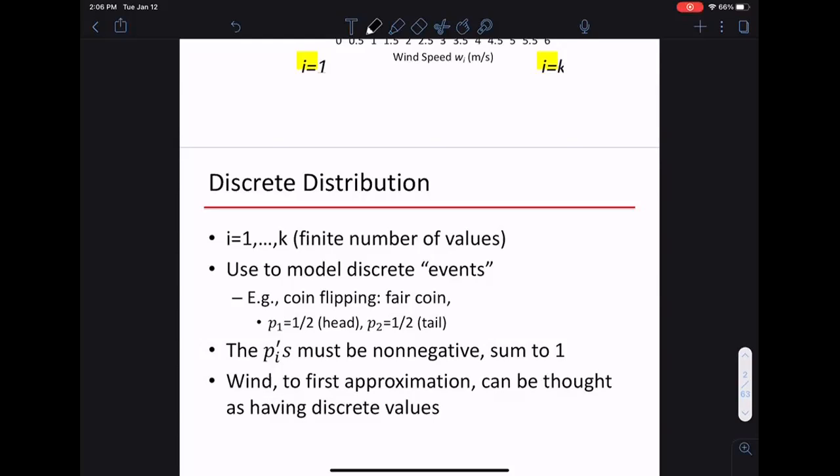Whereas for wind, we assign a number to the outcome, and the number makes sense. For wind speed, it could be 1 meter per second, 2 meters per second, 10 meters per second. These are numbers, and we'll add and subtract them. You don't add and subtract heads and tails. We don't say heads plus a tail. But for wind speed and solar power generation, we'll add and subtract numbers associated with the outcome.